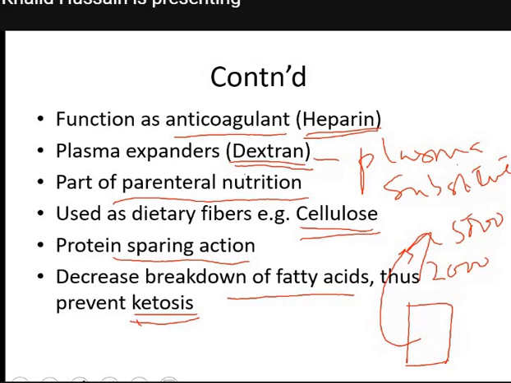If we want to reverse this ketosis, we have to supply carbohydrate. When we supply carbohydrate, it is consumed, so it spares the fatty acids. So it has a protein sparing action and a fat sparing action.